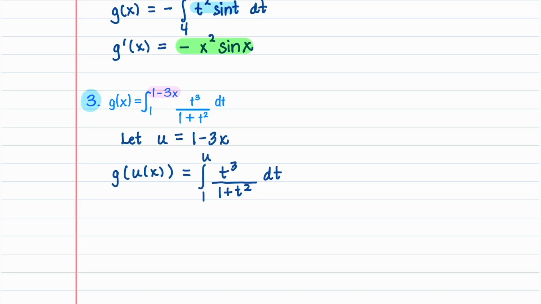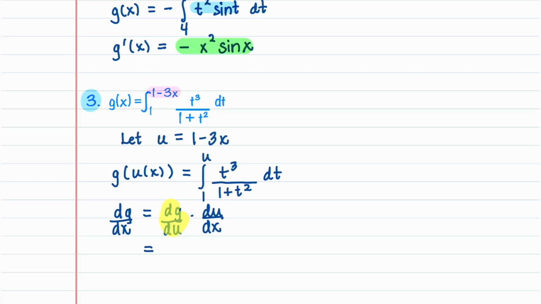If you're thinking, I think I've done something like this before, think about the chain rule. That's exactly what we're going to use to find the derivative. The chain rule tells us that dg dx, when g is a function of u, which is a function of x, is equal to dg du times du dx. Let's see what this gives us.